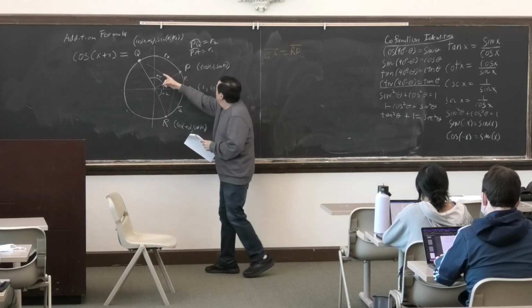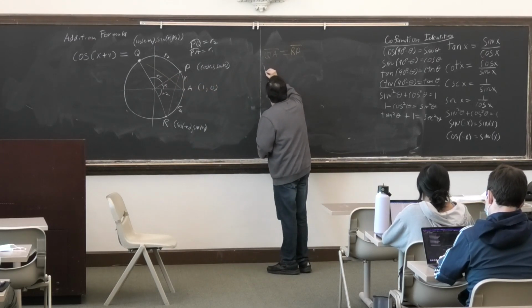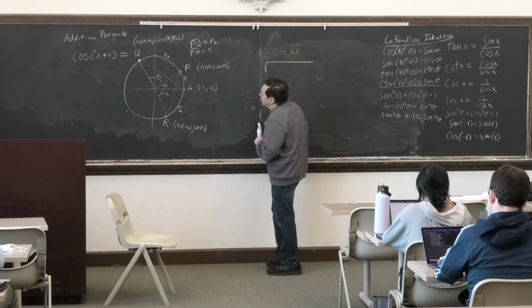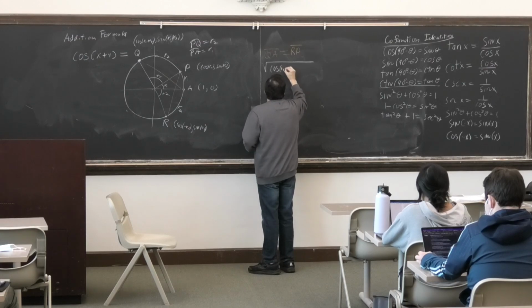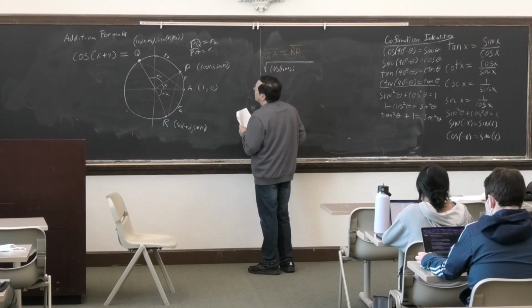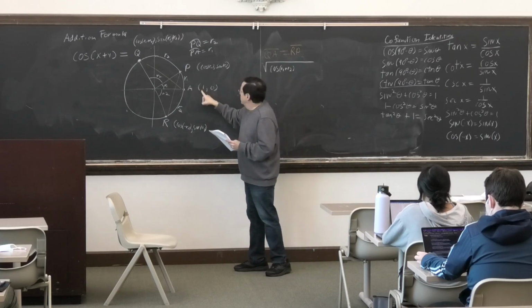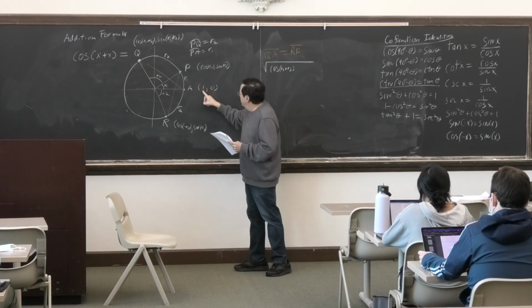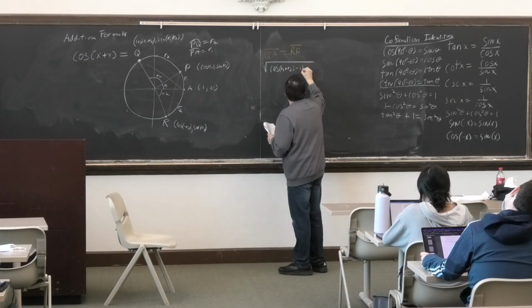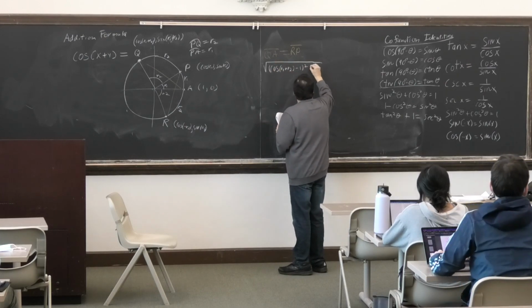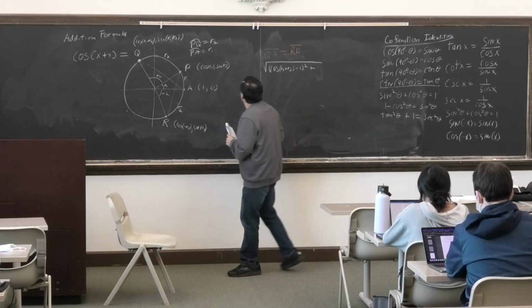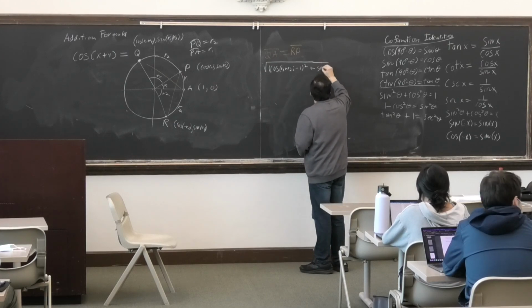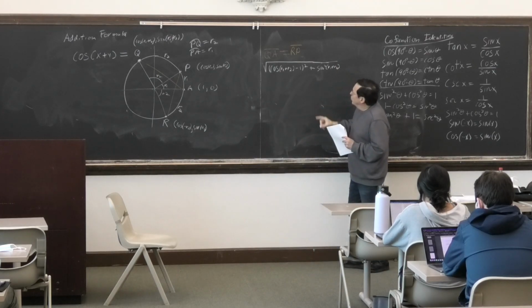So, from QA, we're going to use the distance formula, square root of cosine R1 plus R2, oh, the x coordinate is 1, plus sine of R1 plus R2 minus 0 squared. Okay, that's one of the lines.